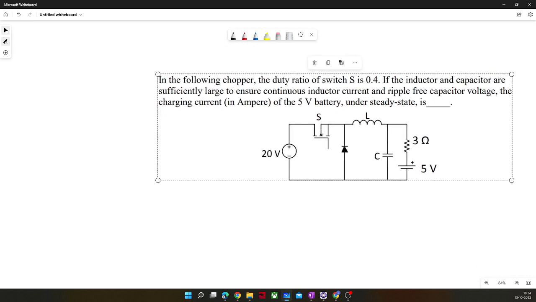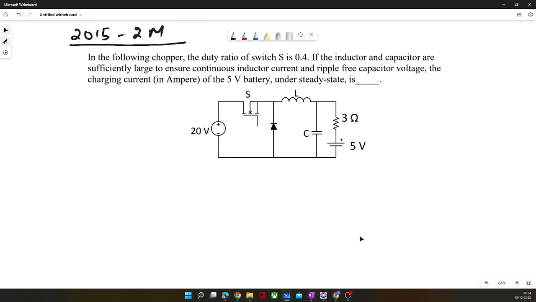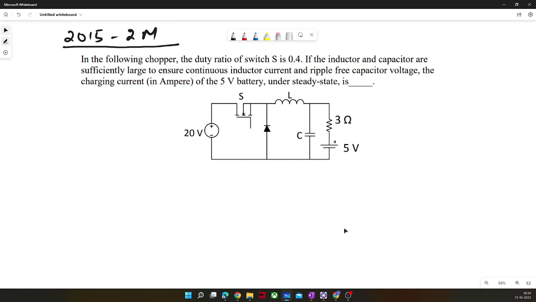So this is your problem here. This appeared in 2015 for 2 marks. That V naught, when I was asking in that circuit, is nothing but this V naught.